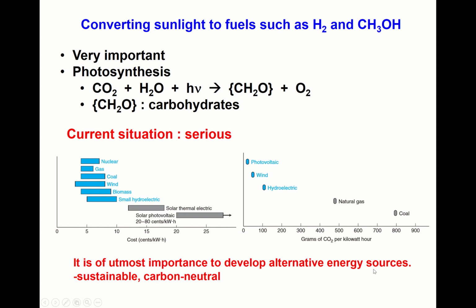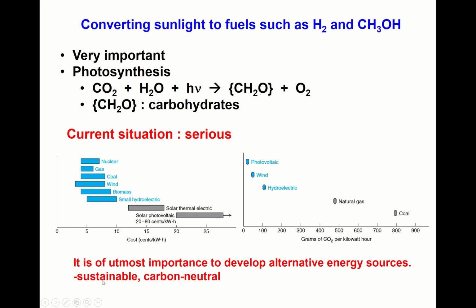But here, there are very important conditions. There are many alternative energy sources, but to apply them, they should be sustainable and carbon neutral. These two conditions are very important.